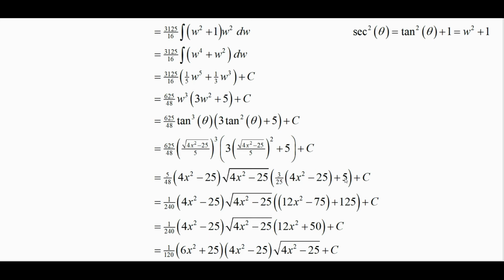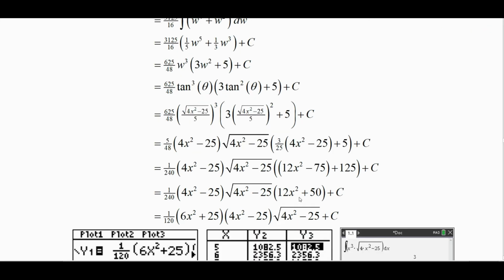But the 25 has to be multiplied by the 5, so that's 125 there. Combine like terms here, we get 50. Okay, I'm going to factor a 2 out of this, leaving a 6x squared plus 25, which I wrote up towards the beginning. The 2 multiplies this, cancels the 240 down to 120.